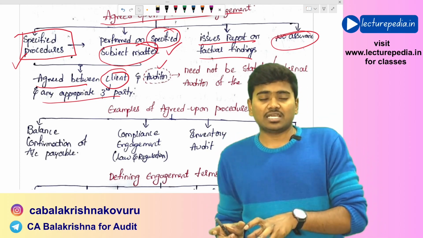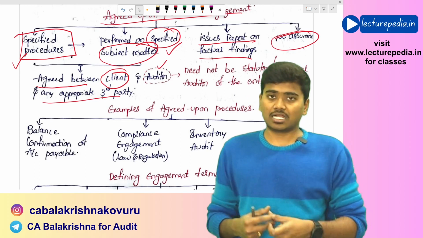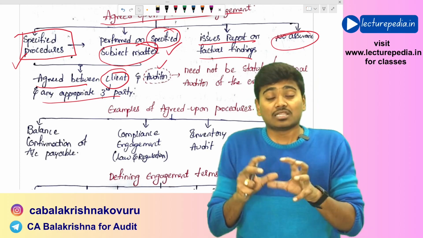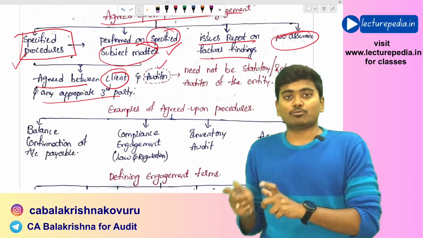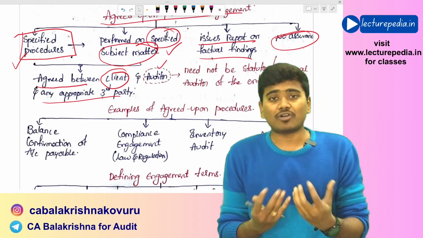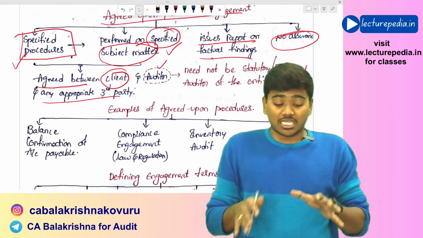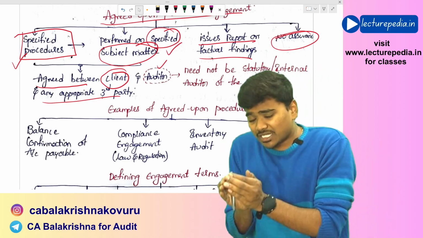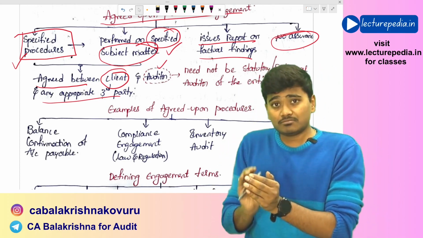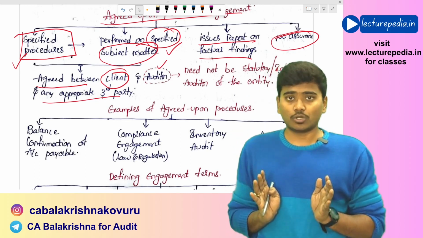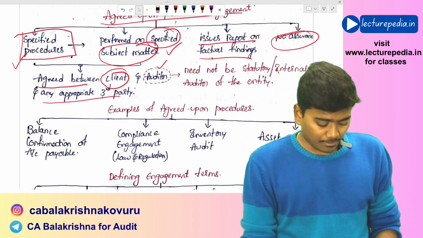If there are any errors, what is the reason for the occurrence of such errors? All those facts he will find and communicate to the management. This is one example of an agreed upon procedure. Here the auditor will not verify the entire financial statements, he will verify only that particular item for which he has been engaged.